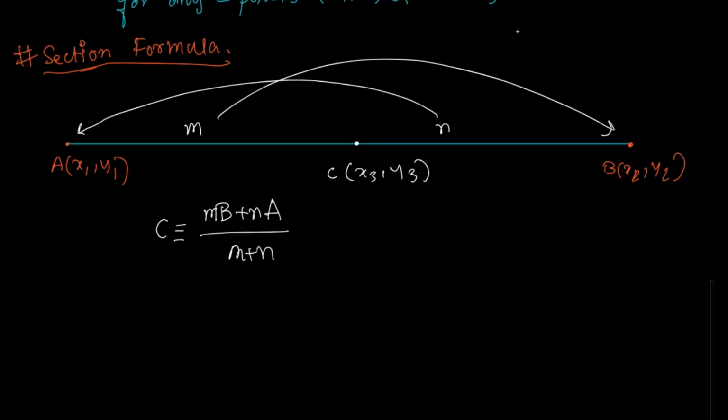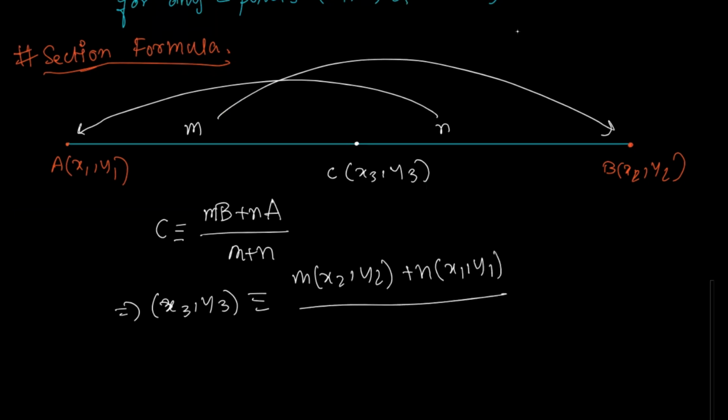Now it doesn't make any sense. How can I just multiply them? It's in a way that x3 comma y3 is equivalent to m into x2 comma y2 plus n into x1 comma y1 whole divided by m plus n. But you can't divide them like that. Why? We have to do it in the way that it should be mx2, just add the x to the x and y to the y. This is like vectors.